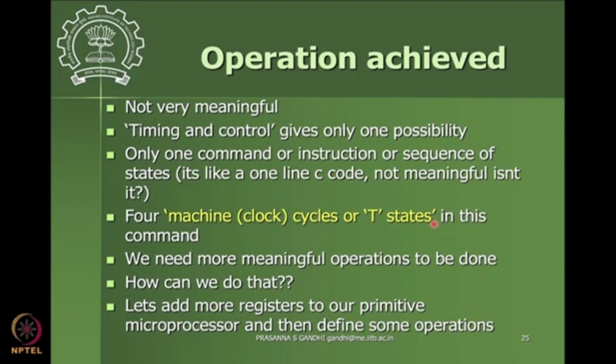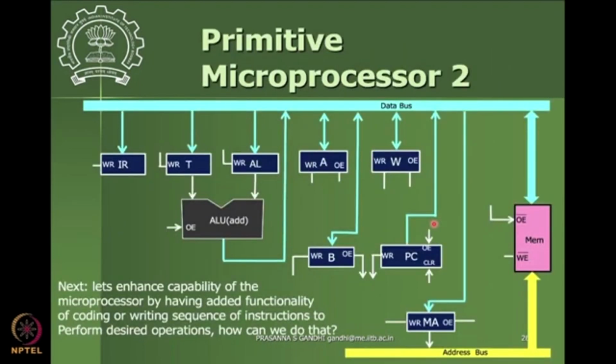So we add some more registers to our primitive microprocessor and look at some more operations with this microprocessor too. This is a microprocessor which now has a lot more registers, but still that additional ALU is there.